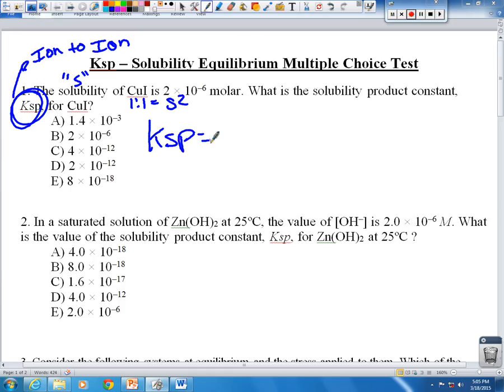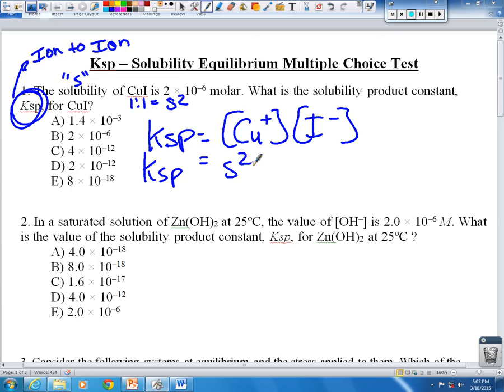All right. Write your Ksp, which is Cu plus, I minus, right? Remember, always write your K value. You could earn a point simply by writing what I just wrote. That could give you 1 point. Okay? And so we know that Ksp for a 1-to-1 is S squared. So we take 2 times 10 to the negative 6, and what do we do with it? Square it, which is what? 4 times 10 to the negative 12. Is that right? Sounds right. You square both.